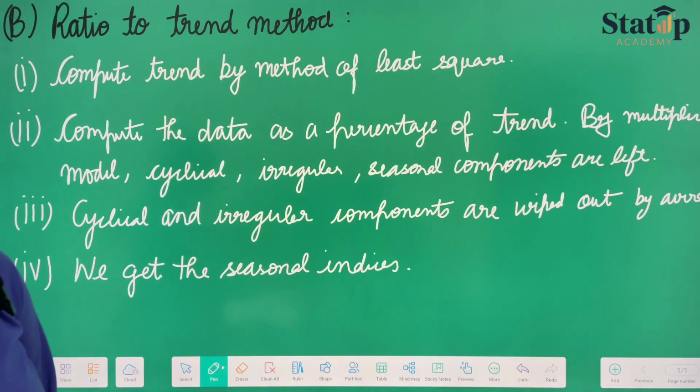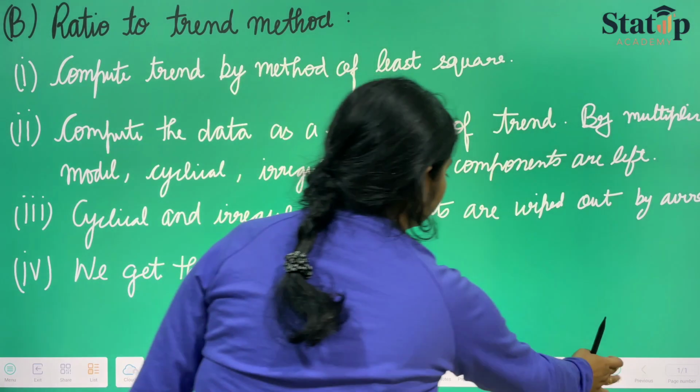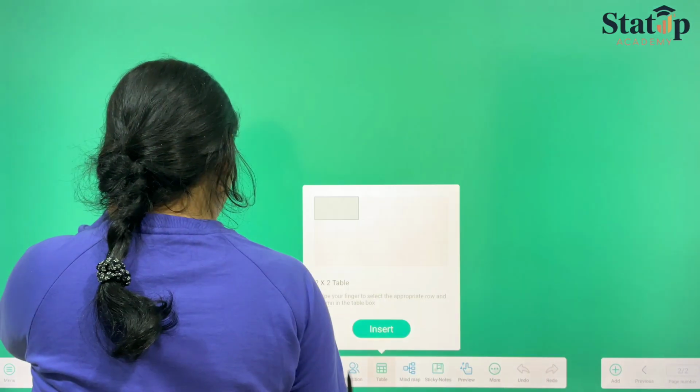So let us take an example. In the example, 4 years have been given. Let us make a table.